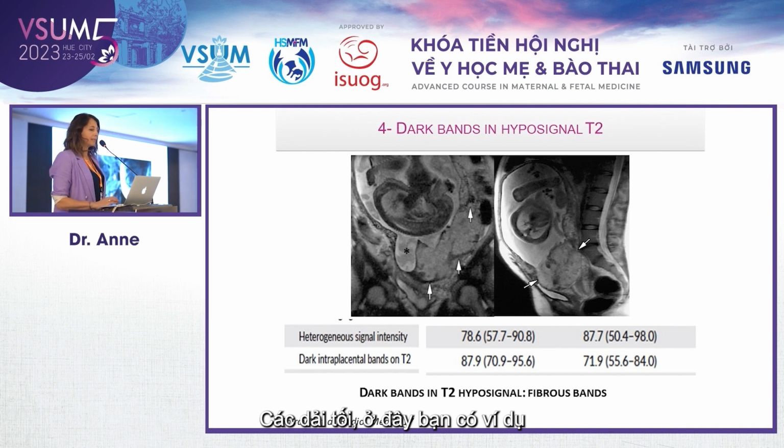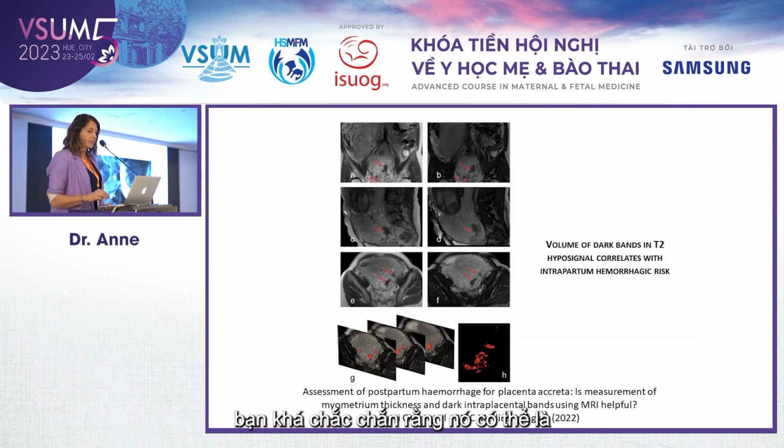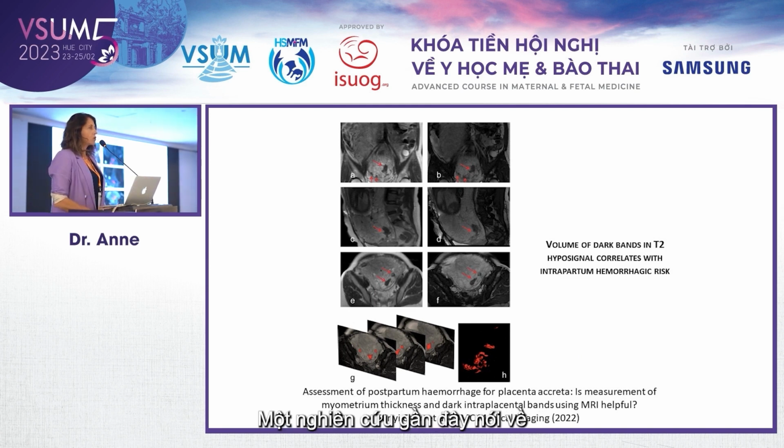The dark bands, here you have examples. Hyposignal T2, which are dark, like you can see here, probably reflect the fibrosis in the placenta. And when you have these dark bands, you can be quite sure that it is probably a placenta accreta. A recent study talked about the thinning of the myometrium and the number of dark bands.